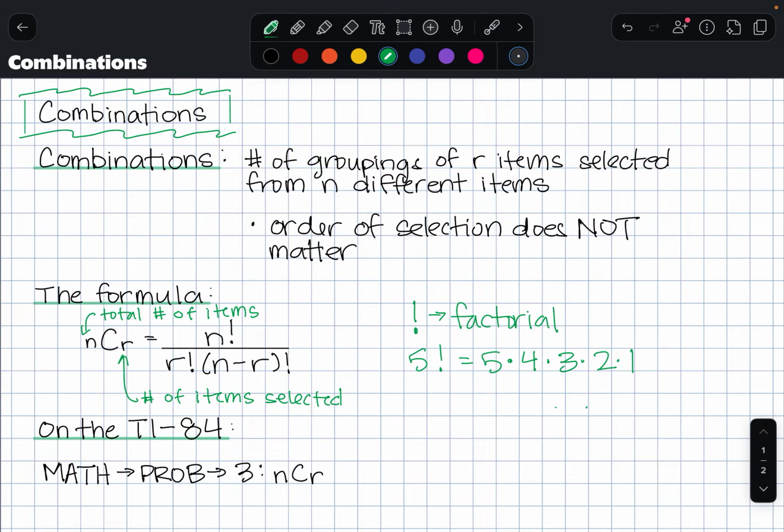So 5 factorial would be 5 times 4 times 3 times 2 times 1. 2 factorial would be 2 times 1. 3 factorial would be 3 times 2 times 1. 1 factorial is just 1. And 0 factorial is also 1. These two are definitions that determine how a factorial works.